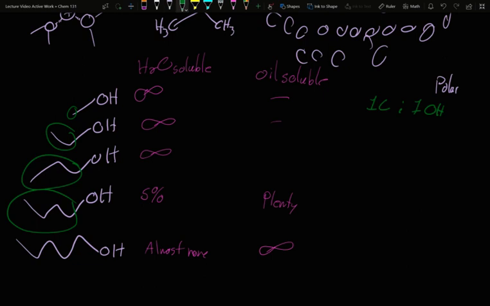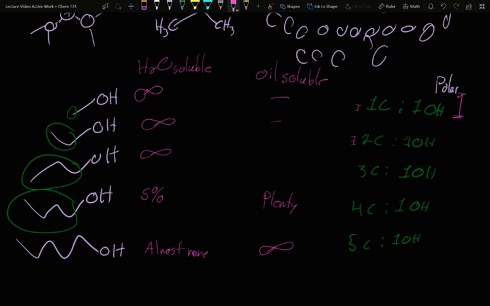But as we keep adding more carbons, 2 carbons to a single OH, 3 carbons to a single OH, and finally 4 carbons versus 1 OH, and 5 carbons versus 1 OH, what we found is that our balance changes. If we think about size, I have so big an OH contribution and very little from my carbons.